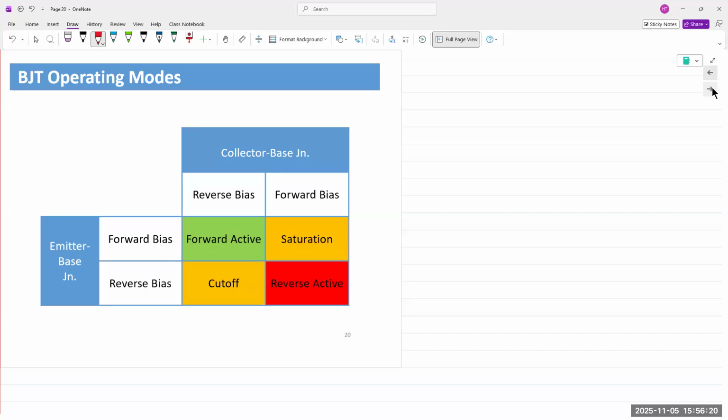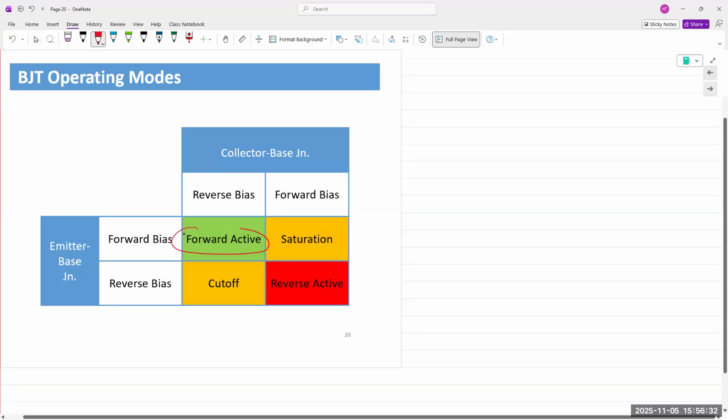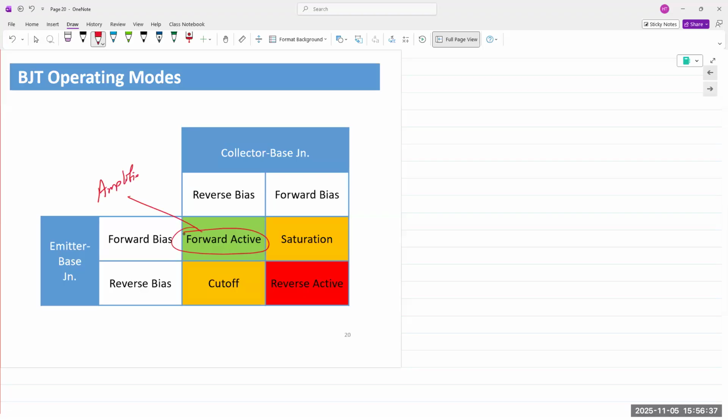In this mode, we can use the transistor as an amplifier, which is lab 8. In lab 8, we are going to design an amplifier using a BJT, and we are going to recreate it and make sure that our design works in the lab.